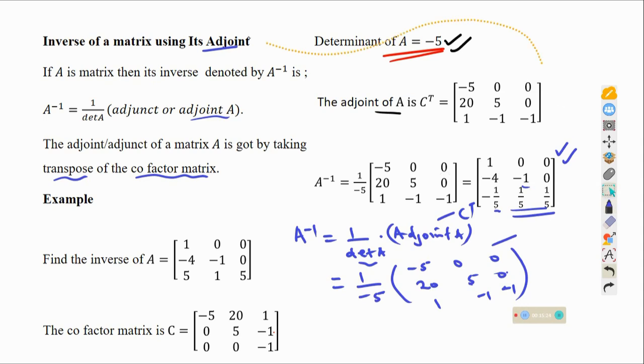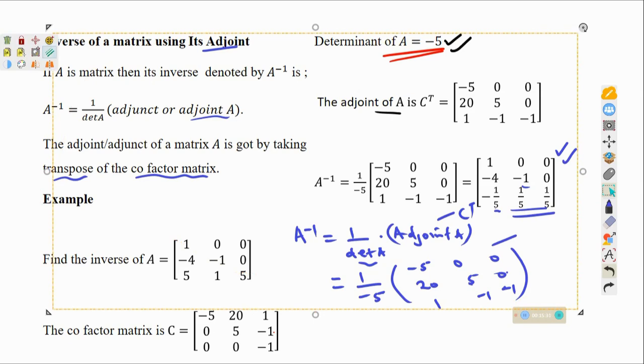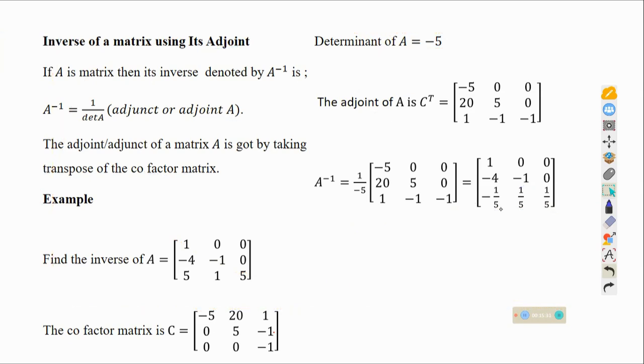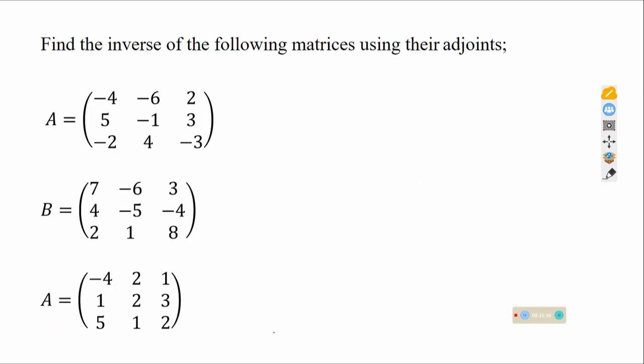So from there, I hope you'll be able to try some other questions and see whether you are able to get their corresponding inverses. These are some of the questions that you will try. We need to find the inverse of the following matrices using the adjoints.